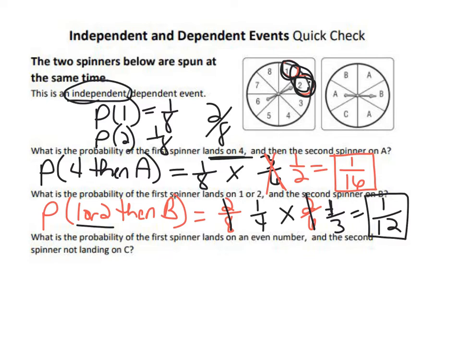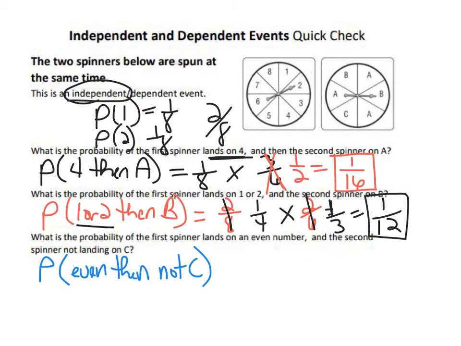It says, what is the probability of the first spinner landing on an even number and the second spinner not landing on C? Okay, so let's go ahead and do that. So P equals even number, then not C. Okay, so even numbers, if we look at it, there's going to be 1, 2, 3, and 4.